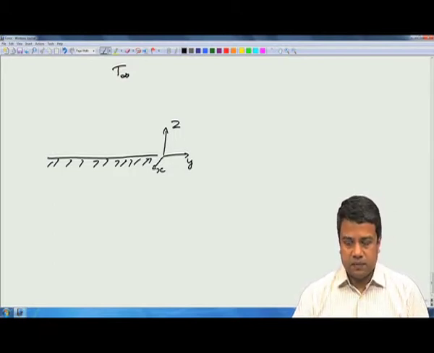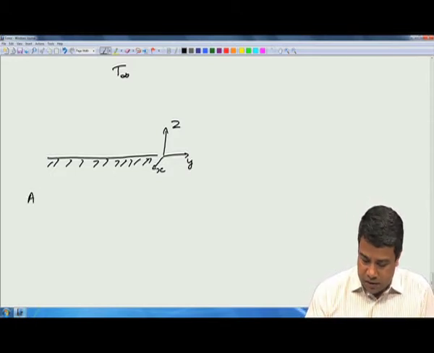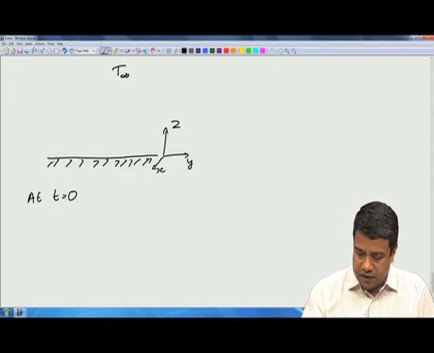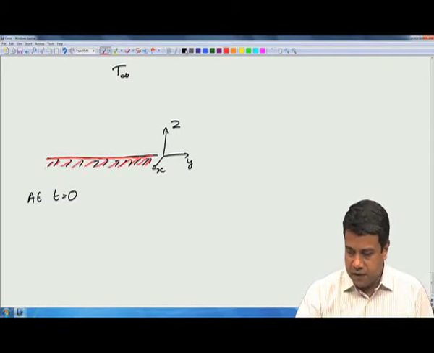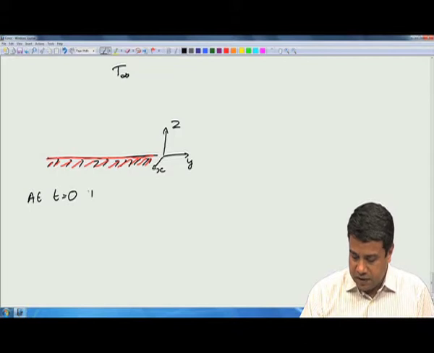At the initial time, t is equal to 0, we instantaneously heat this bottom surface and apply a different temperature to it: T is equal to T0 at z is equal to 0.